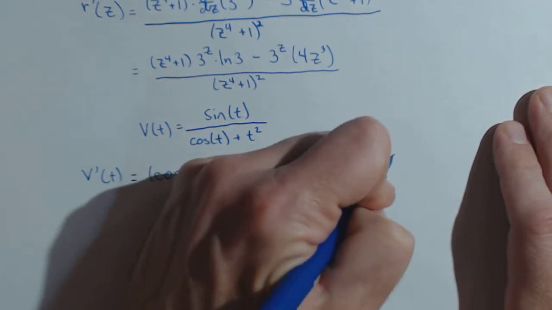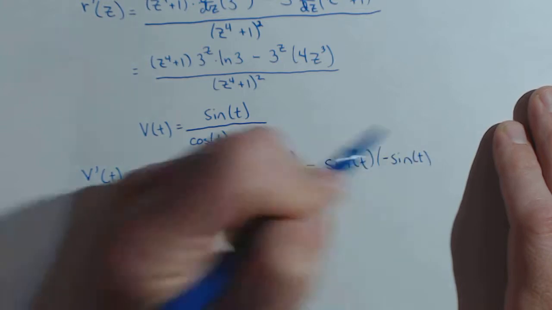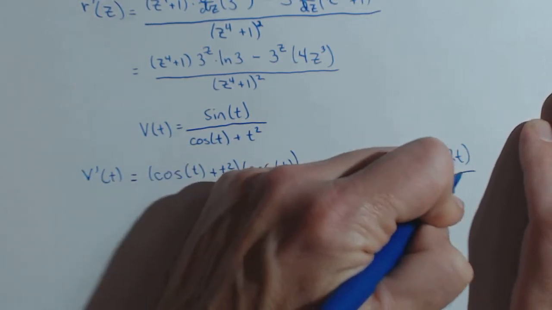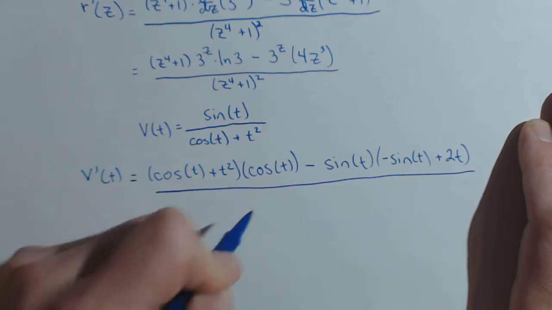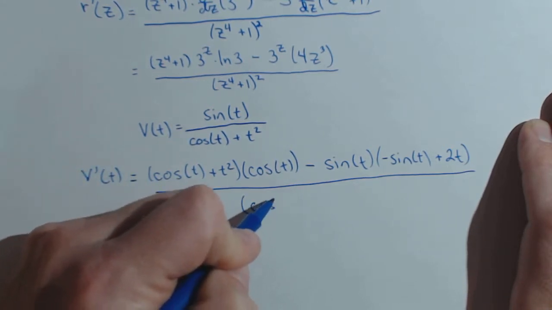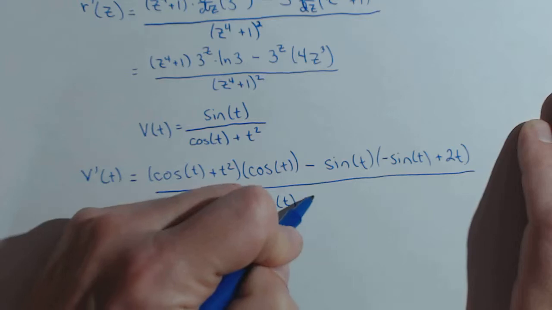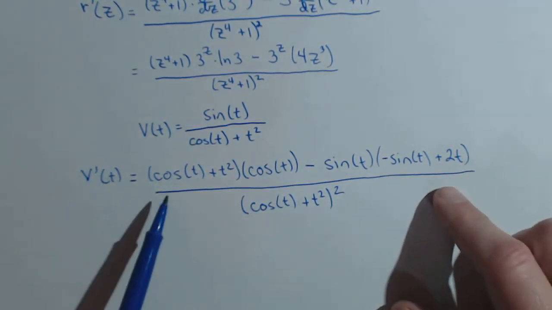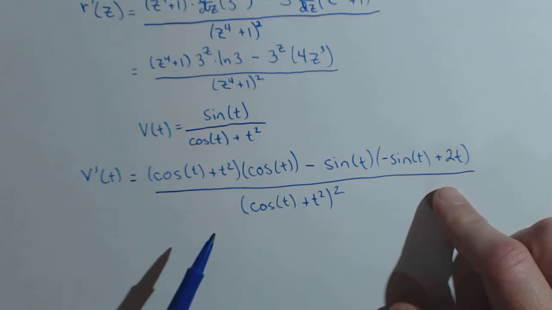Derivative of cosine is a negative sine of t plus the derivative of t squared is 2t, all over the denominator squared. Cosine of t plus t squared, squared. There's really nothing we can do to simplify this much further.